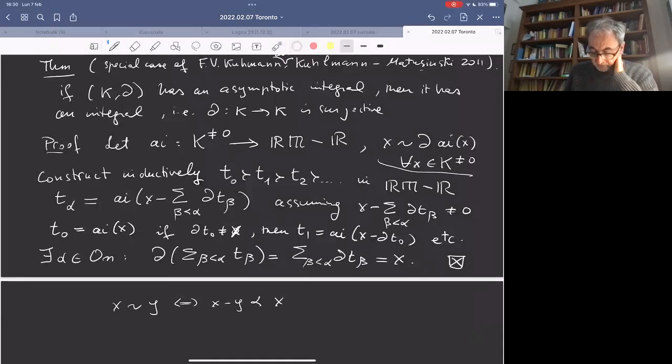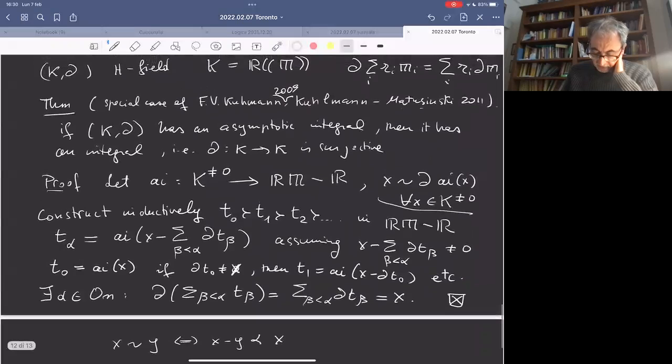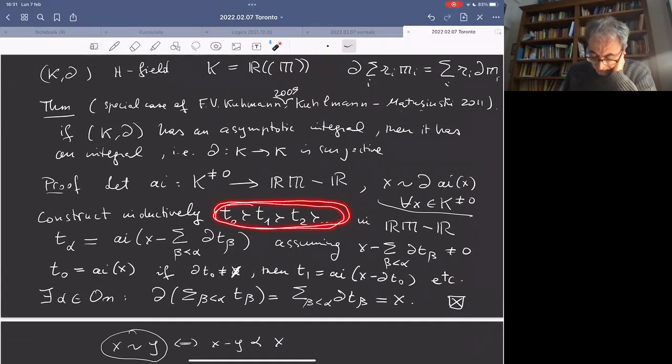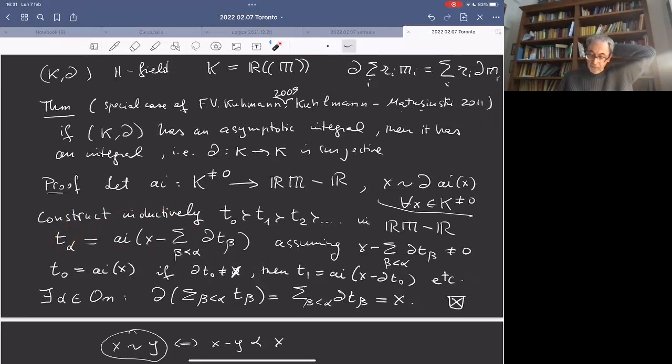So using this fact, and the fact that the asymptotic integral gives you something asymptotic to the derivative, then you prove easily by induction that this sequence of terms is really decreasing. So each time, if you arrive at a certain point and you reach an integral of x, you stop. Otherwise, you keep going and you define the next term as the asymptotic integral of x minus the sum of the derivatives of the preceding ones.